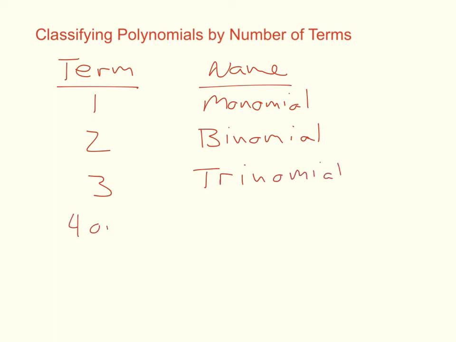And 4 or more, we don't have any more special names, so we just call it a polynomial. Now, monomials, binomials, trinomials, they are all polynomials, but if we're just talking about monomials themselves, we can just use a single term. Binomials have 2 terms, trinomials have 3 terms.